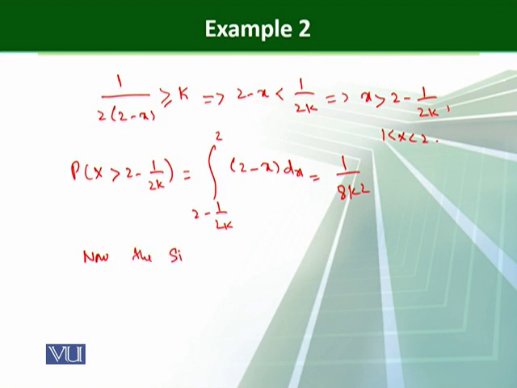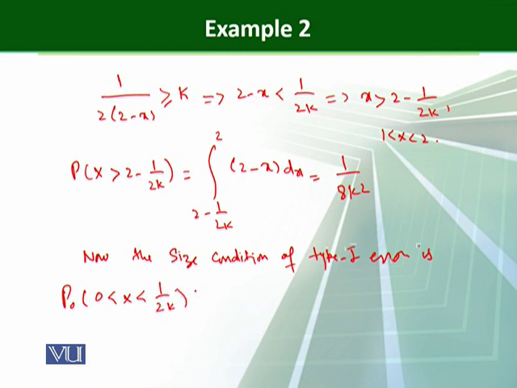The size condition is, under the null hypothesis, 0 less than x less than 1 over 2k, in the interval 0 less than x less than 1, plus the other situation, under the null hypothesis, x greater than 2 minus 1 over 2k for 1 less than or equal to x less than or equal to 2, and that is equal to alpha.